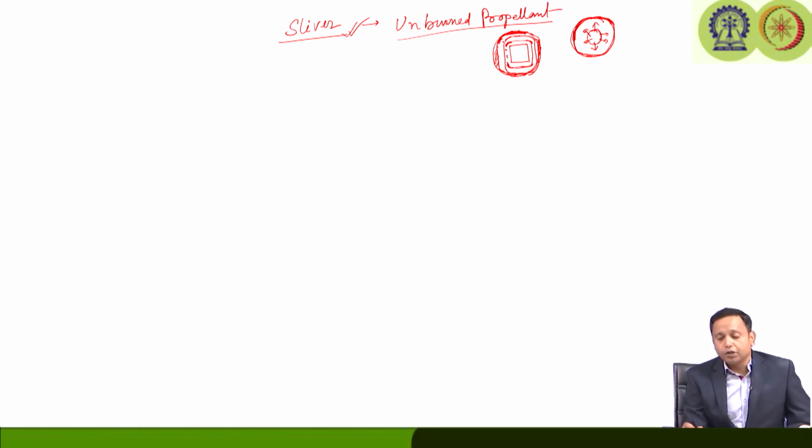If the temperature and pressure are high enough, the sliver will also start burning, but that will cause a different thrust time profile, which is undesirable. So, sliver is necessarily not to be present, but there is a chance that some mass will remain unburned, which is called sliver. So, this is another terminology.